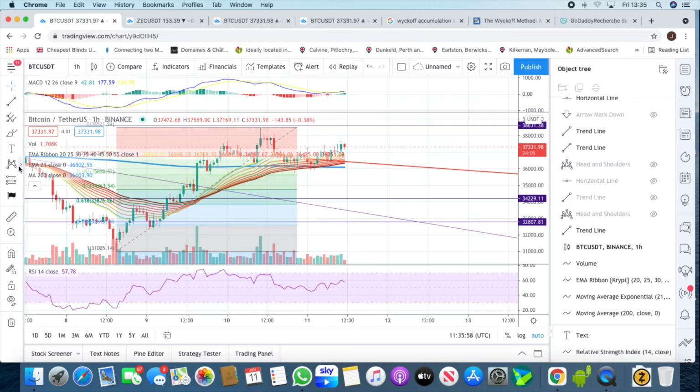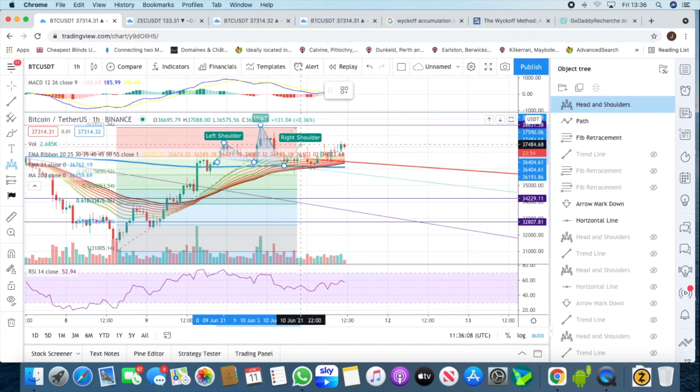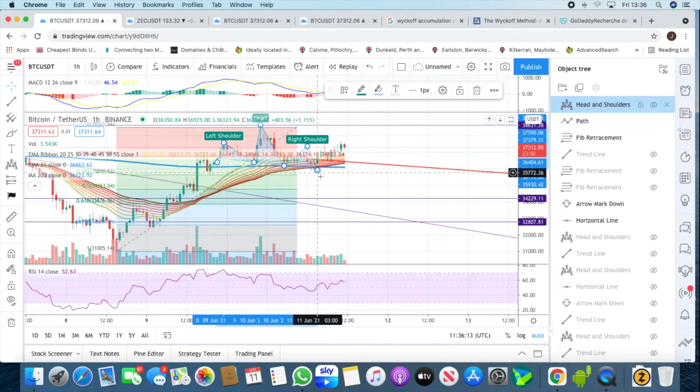At the time, the market will have been noticing this potential head and shoulders that was in the making, and it looked like Bitcoin could break down here. And I've been watching Bitcoin and expecting it to retrace its recent upswing.